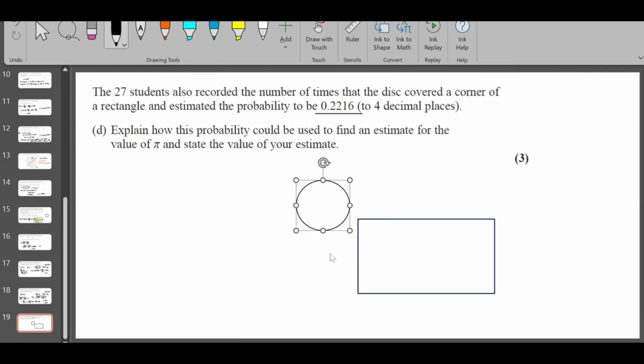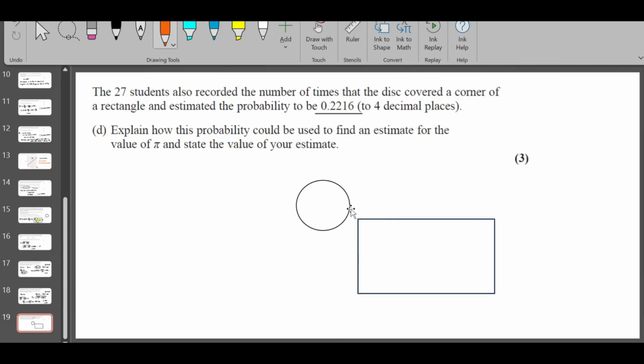Since the radius of this disk is 1 centimeter, if the center of the disk is here, for example, definitely it will cover the corner, right? If it's more than 1 centimeter from the corner, the disk will be like this actually.